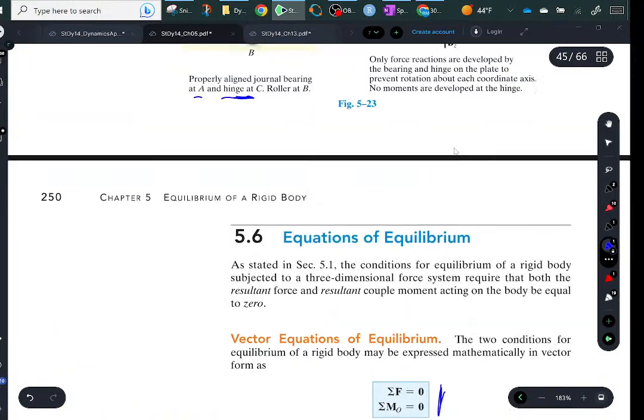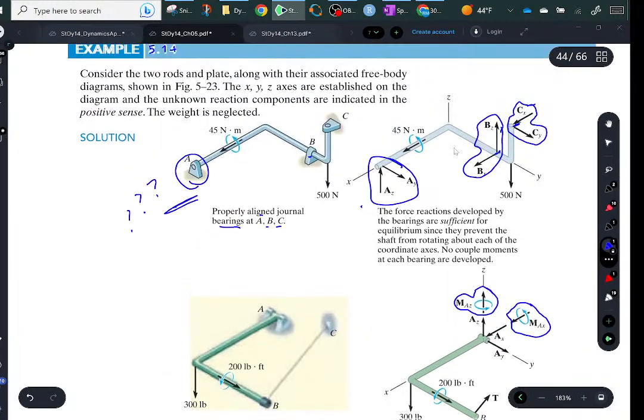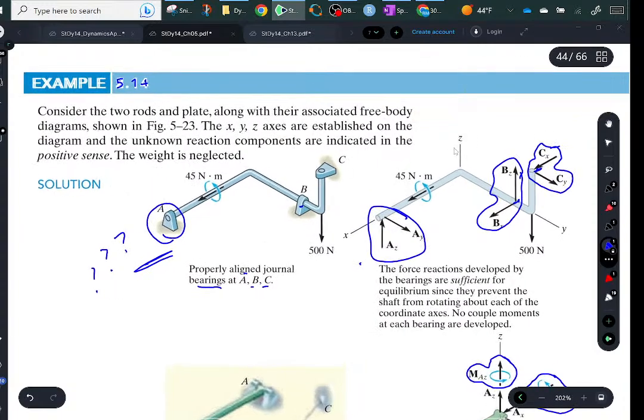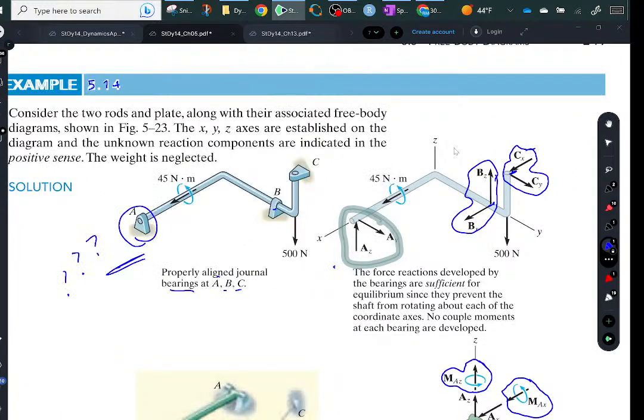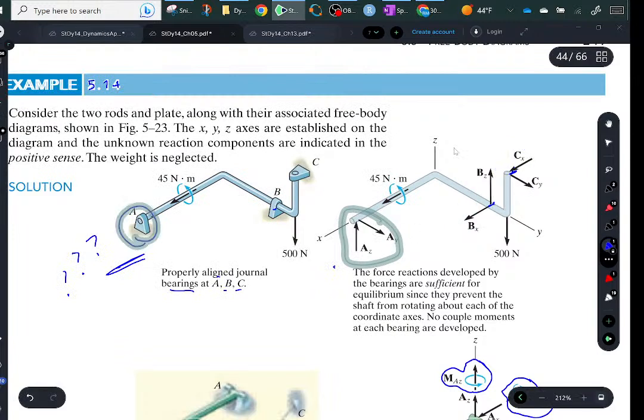Let's go back to that first case. How many unknowns does he have here? Not too surprising. He has 1, 2, 3, 4, 5, 6. If he had thrown a moment in here, just any moment, you can't determine it. Too many unknowns.